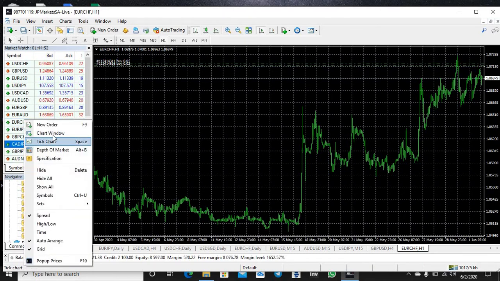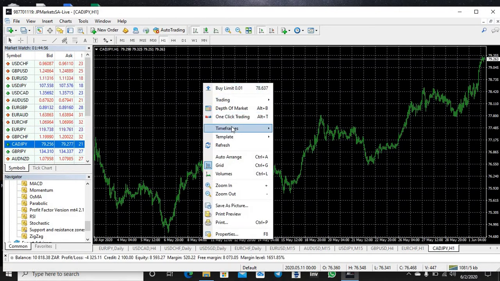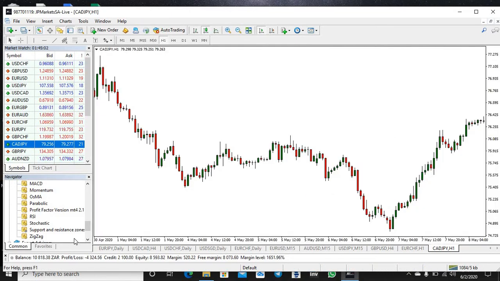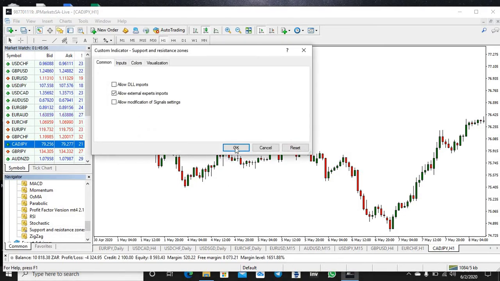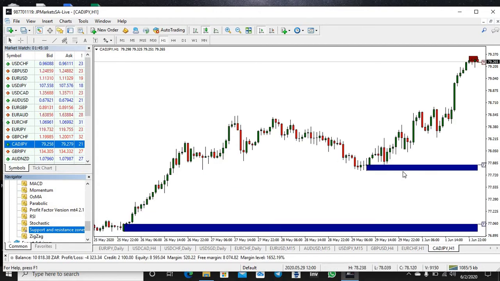Just choose something. Right, so we load template again. You know what we do, we load template. Oh, I have it here. And then I'm gonna install this system just to show you how powerful it is. It gives you your support and resistance, so that is also a very powerful thing.